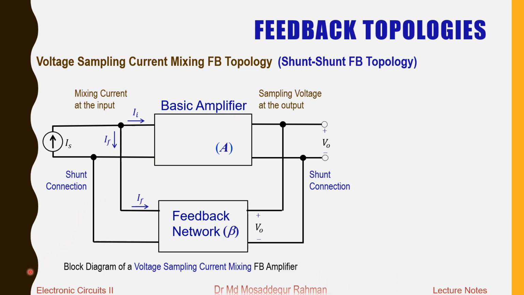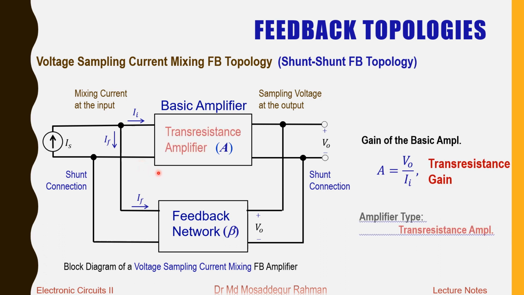Now for the gain of the basic amplifier, the signal at the output side is in the form of voltage, while that at the input side is in the form of current. So the gain of the basic amplifier we can write as V0 by II. Voltage by current is basically a resistance, so this gain is also known as the transresistance gain.